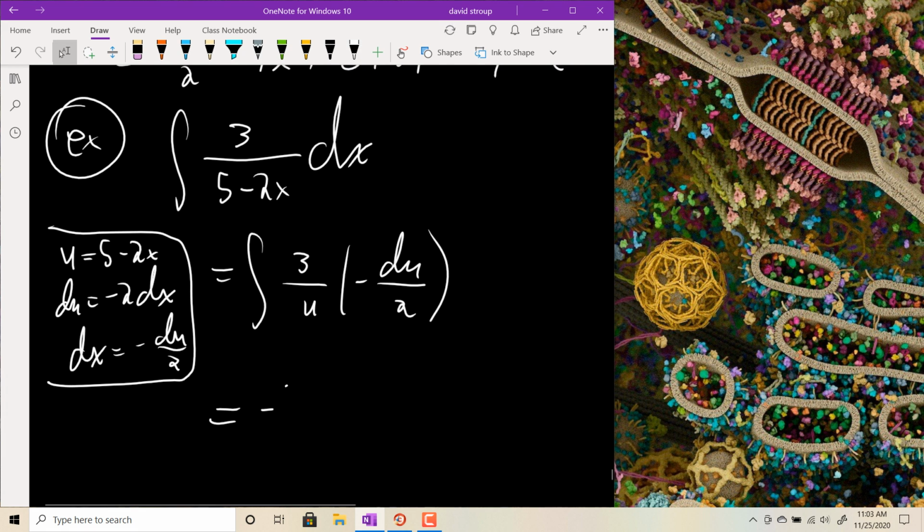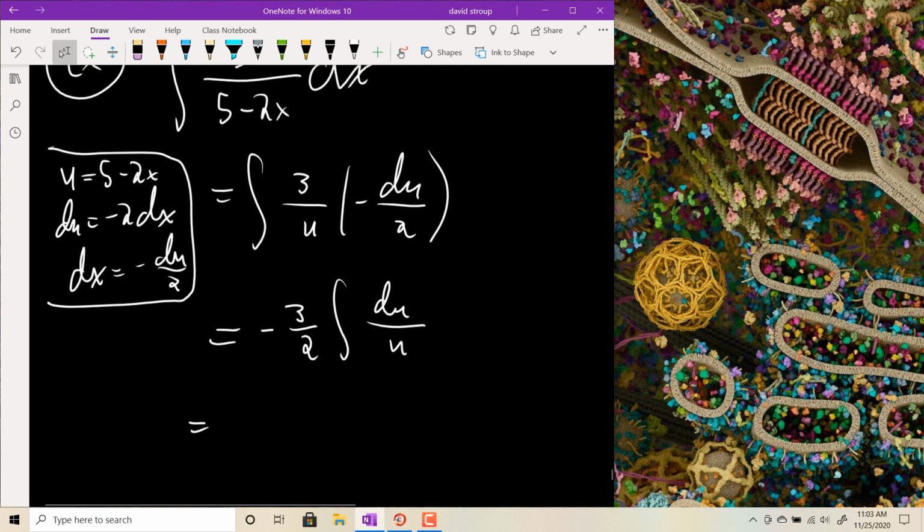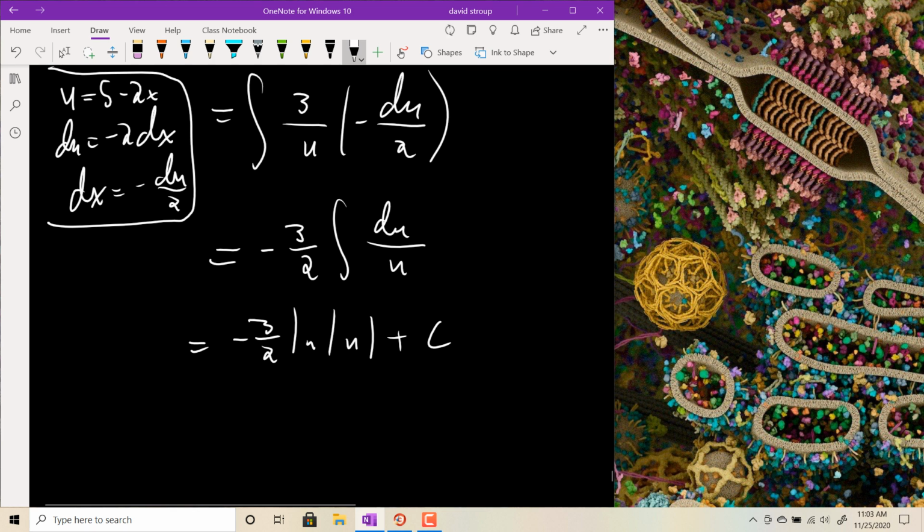It's negative 3/2 ln. So this will be du over u, and then that'll be negative 3/2 ln absolute value of u plus c, and then back subbing, negative 3/2 ln absolute value of 5 minus 2x plus c.